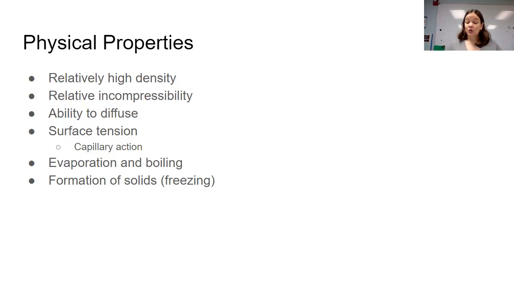It is much slower in liquids than in gases, because the particles are so close together already that they kind of have to work themselves in between. And then the attractive forces of the particles of the liquid, right? Now we're close together, we're sticking together a little bit more, so that slows down the diffusion.